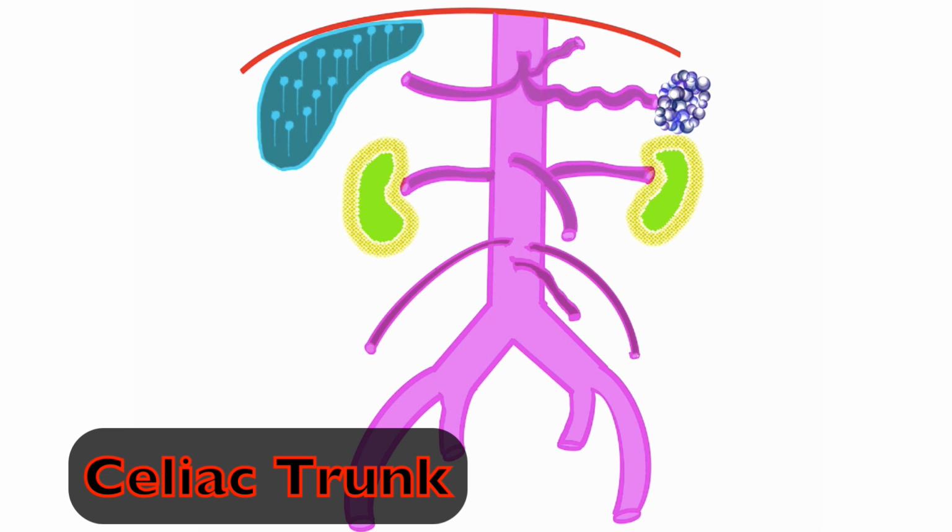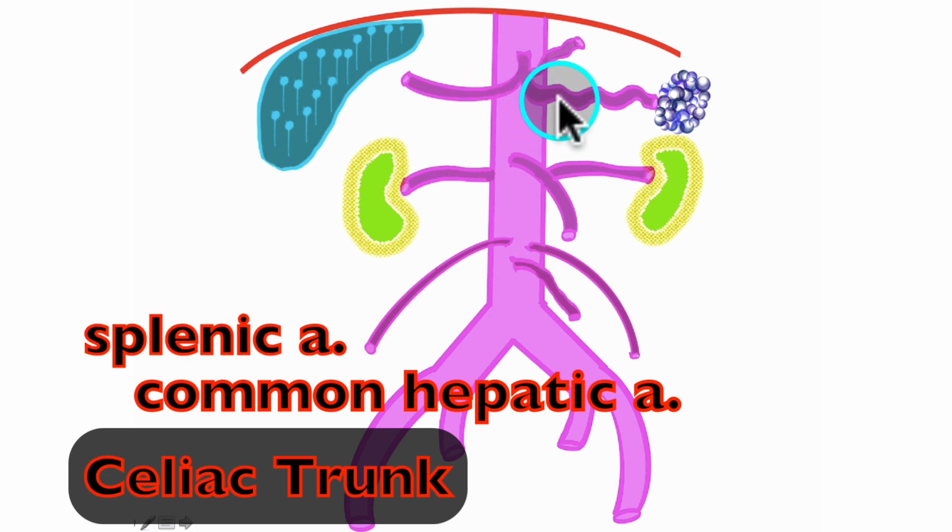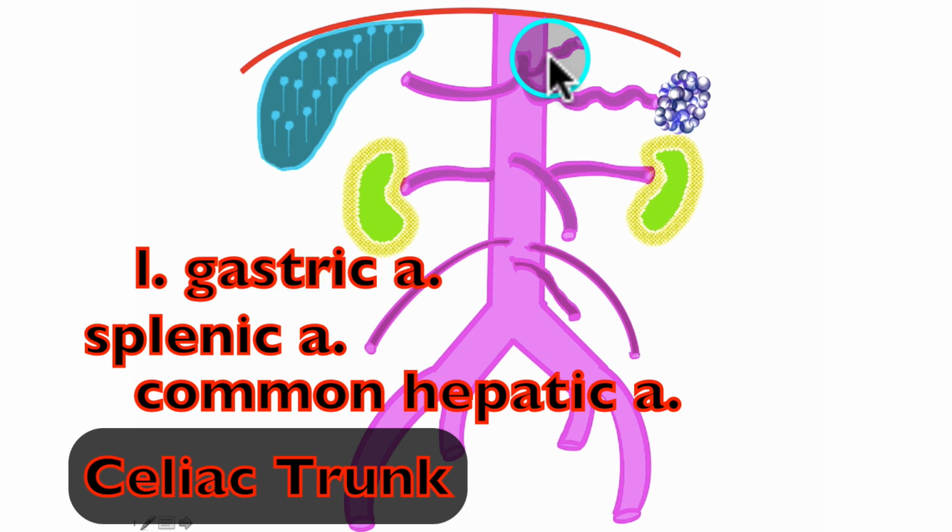The celiac trunk has three branches: the common hepatic artery going to the liver, the splenic artery going to the spleen, and the left gastric artery, which is going to the lesser curvature of the stomach. Once again, the celiac trunk gives rise to the common hepatic artery, splenic artery, and the left gastric artery.